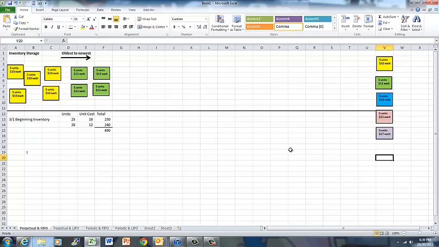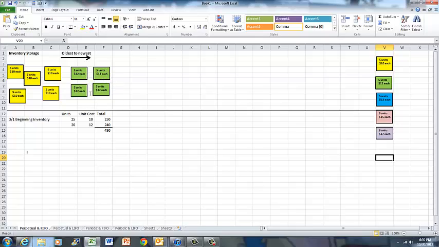So getting started with our transactions, you can see here that when we come in on March 1st, we have a beginning inventory. There are 25 units that cost $10 each. We can see because they're colored yellow, and that is our oldest layer. And then we have a second oldest layer, 20 units that cost $12 each.